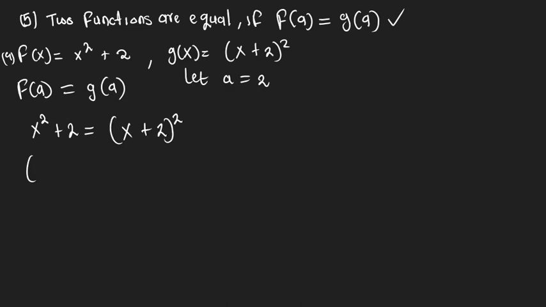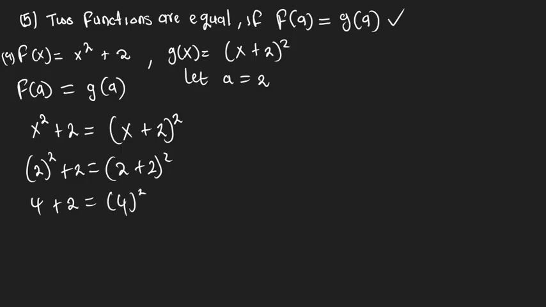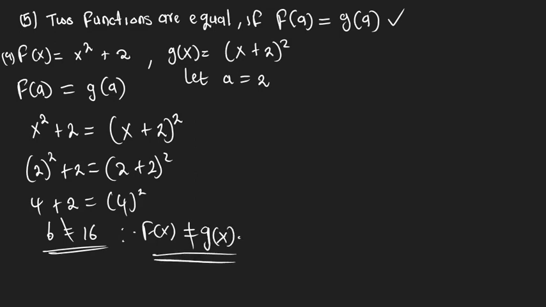I'll put my 2 where there is x, and then I'm going to have a 4 plus 2, and here I'm going to have a 4 power 2. So this is going to be 6, this is going to be 16. This does not hold, henceforth f of x is not equal to g of x.